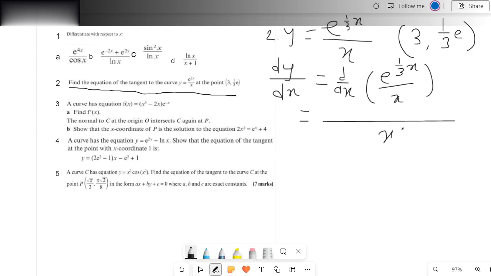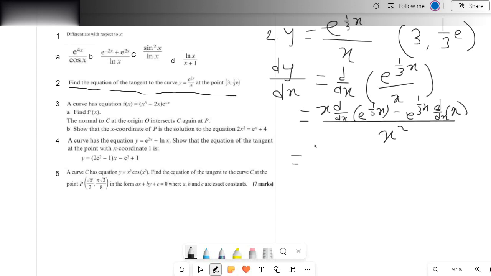Using the quotient rule, we have x squared as the denominator, and at the top we have x multiplied with the derivative of e to the power 1/3 x, subtracted with e to the power 1/3 x multiplied with the derivative of x.